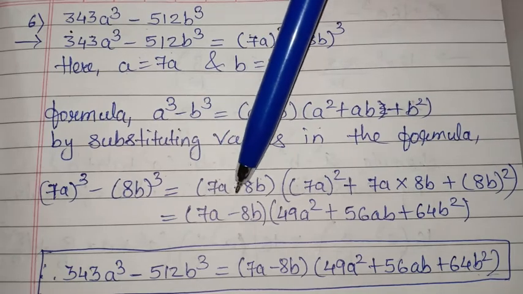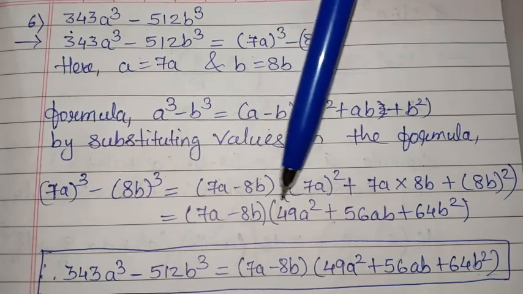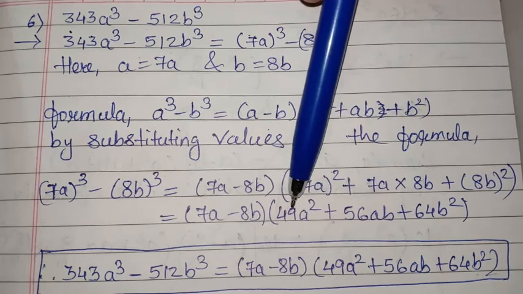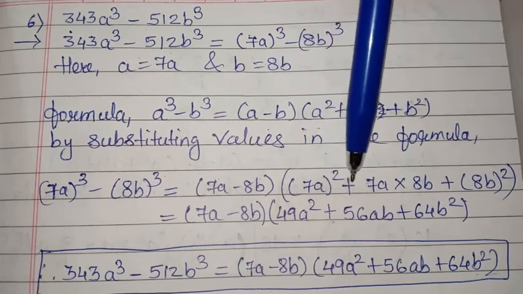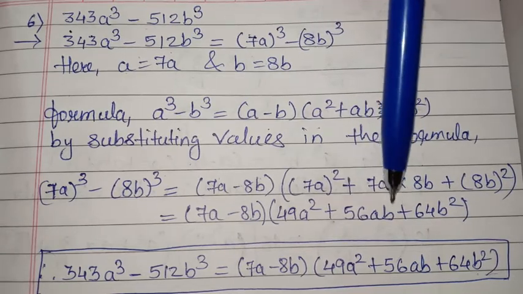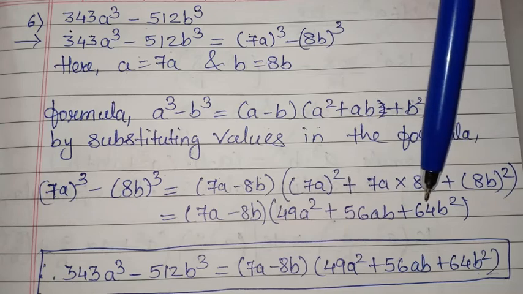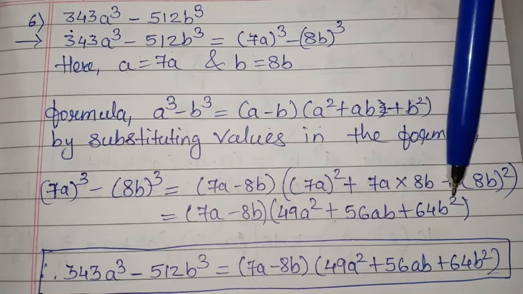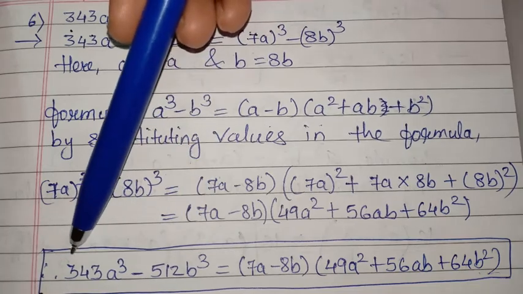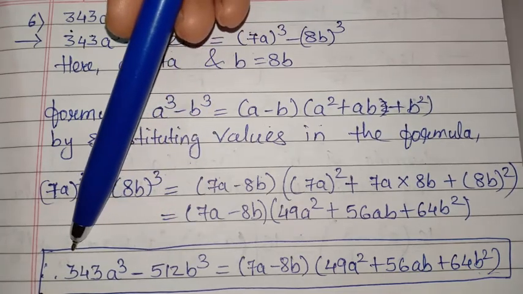Next step, the first bracket will remain as it is and we'll solve the second bracket. 7 square is 49. So 49a square plus 7 8s are 56, 56ab, and 8 square is 64. So 64b square. Now write down this final solution in front of the question.